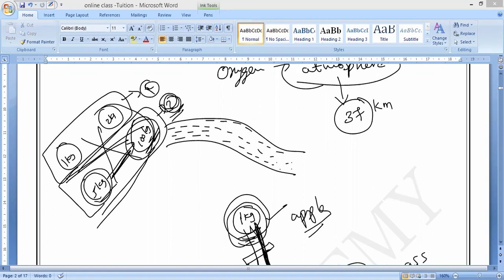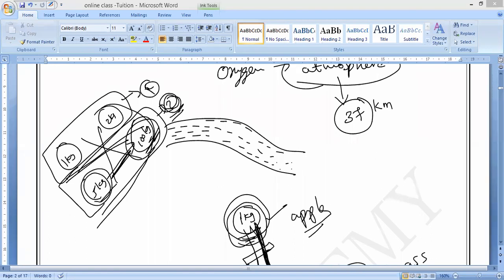The gravitational force becomes very large, due to which we can see one object moving towards the other object. Which object will move towards the other, the big one or the small one? The small one will move towards the big one.